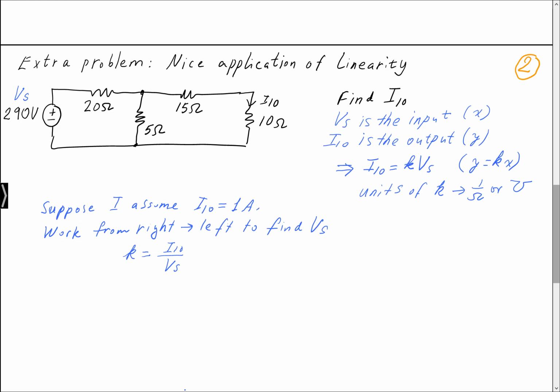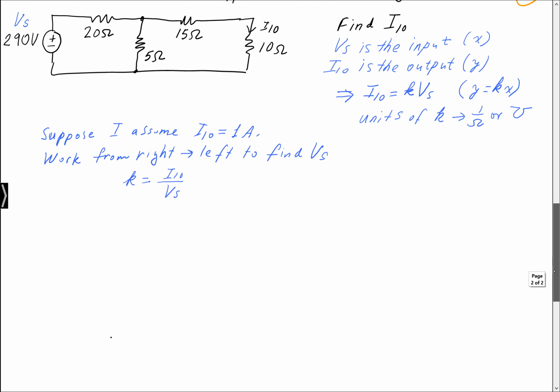Working from right to left and getting a value might be easier than working from left to right. In this problem, maybe we don't notice it, but that's the point: calculate the value of K first, then things will just come out. So the problem is broken down into solving the following problem.